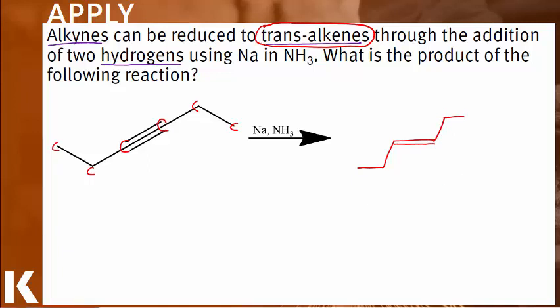And in order to get the ethyl groups on opposite sides of the double bond, we would have to add hydrogens to opposite sides. So through the addition of hydrogens, we're able to get that trans product, which tells us that the addition of hydrogens must have occurred via an anti-addition pathway.